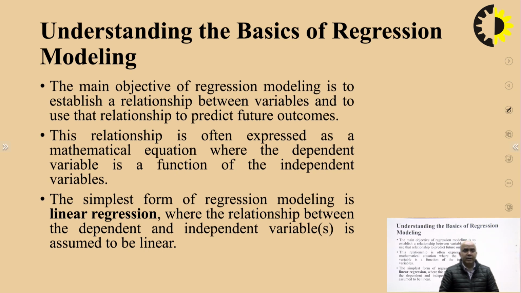The simplest form of regression model is linear regression, as there are various regression models which are used depending upon the type of data set that we have. Out of those different regression models, linear regression is one of the simplest forms, where we assume the relationship between the dependent and independent variables to be linear.